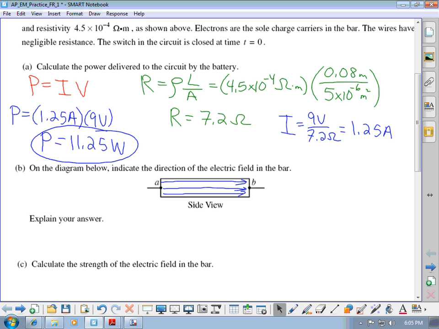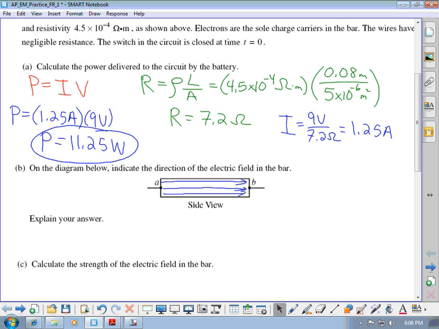Another justification is that the current is flowing from A to B, and the conventional current flows from A to B. Conventional current is the flow of positive charge, and positive charge moves with the electric field. It's going to feel a force in the direction of the electric field. It's that electric field that actually pushes those charges through the circuit.